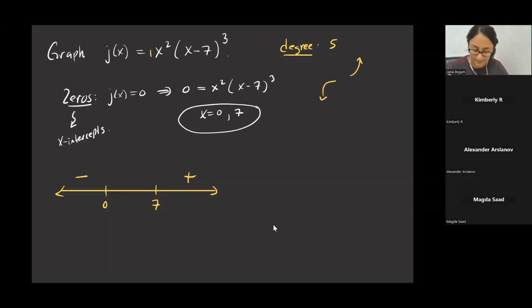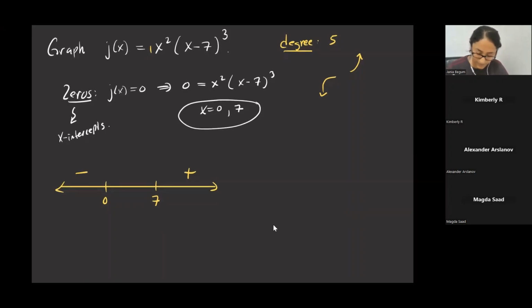Oh, okay, so like just a random number, like 5 or something. Yeah, or with 1. 1 is easy, right? So if you plug that back into the original, do you get a positive value or negative value? So you'll do 1 squared, right? 1 minus 7 cubed. So that would be a negative number. Okay, so this is negative.